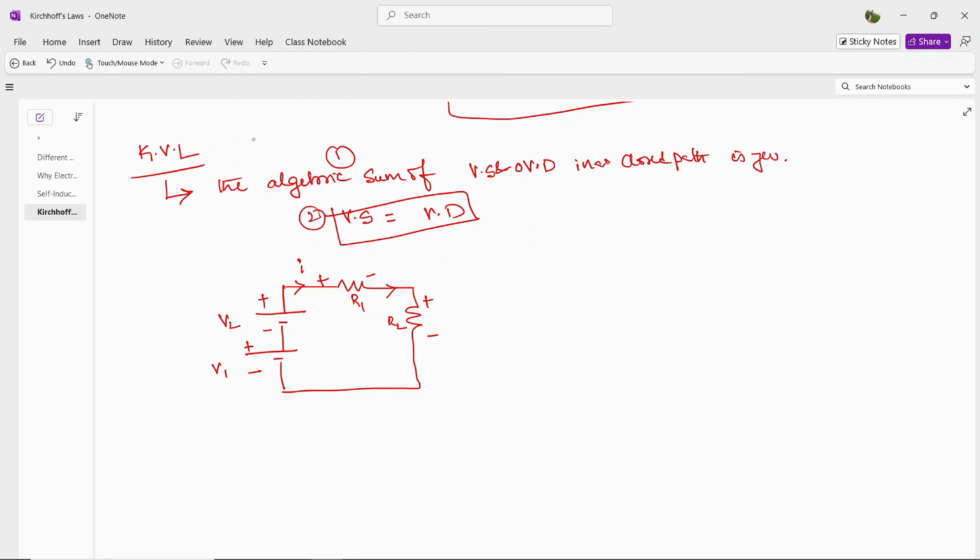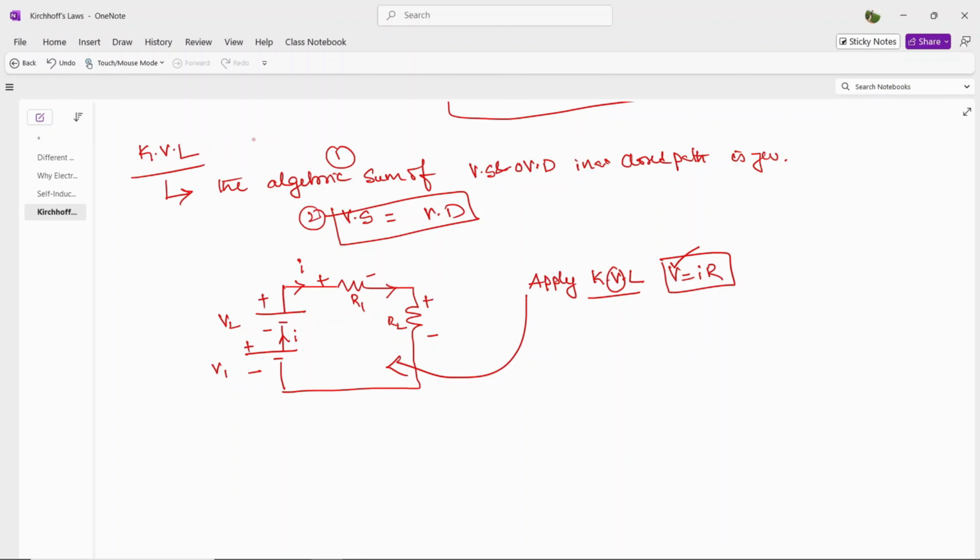Now let's write down the KVL equation. Just apply Kirchhoff's voltage law inside the loop. Voltage law means we have to write V equal to I into R. It should be only in the form of voltage. Here the current is traveling like this, I amperes. Current is leaving.